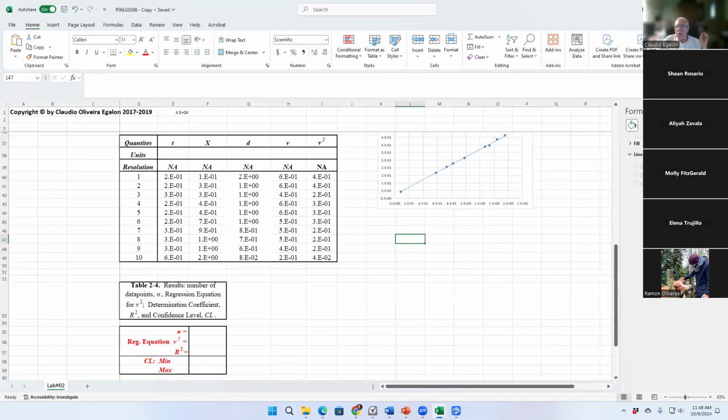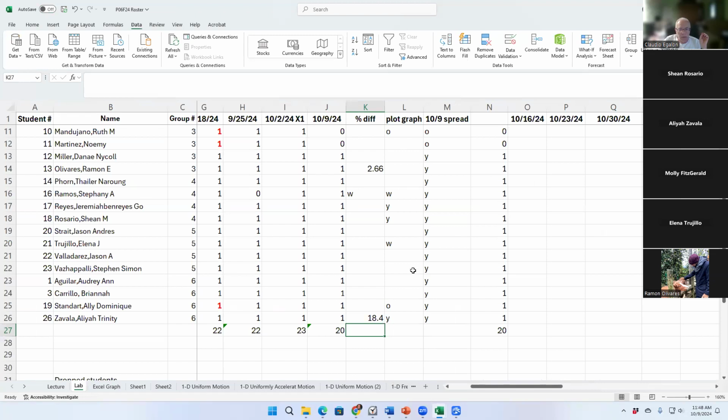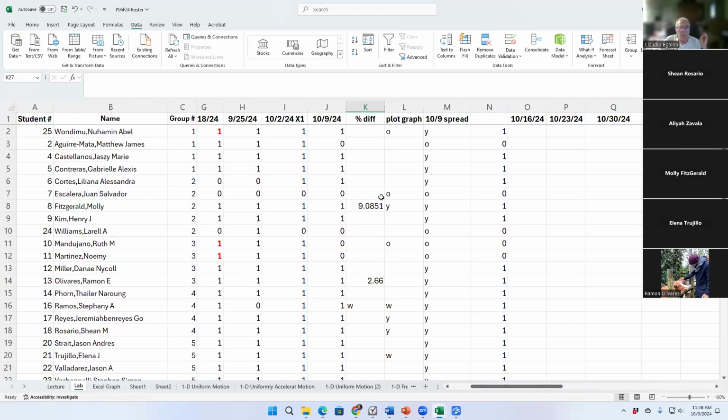And let's go to the next student. Let's see, group 1, all right? Nuhamin, are you there, Nuhamin? Okay, let me put 2 O's here for Nuhamin.